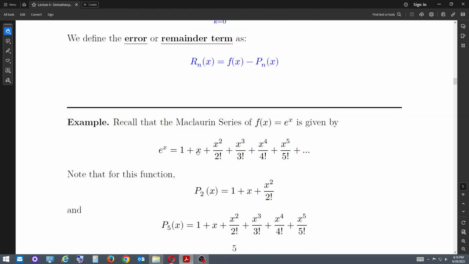Alright, so one other example here, going back to the Maclaurin series of e to the power of x given here. Suppose I wanted to look at 2 specific Taylor polynomials, the 2nd degree and the 5th degree, so P2 and P5. P2 means I have to stop at the second degree polynomial, so these 3 terms, and for P5 I have to go up to the 5th degree, so that's these first 6 terms.